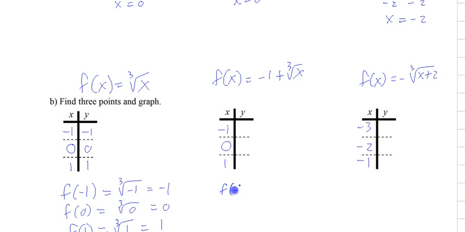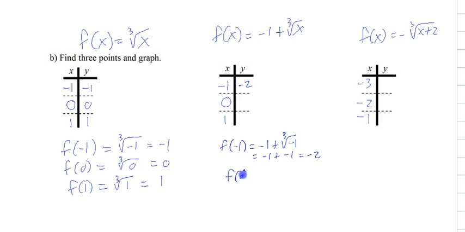So we have f of -1, and that's -1 plus -1, which is -2. And then the 0 is -1, and then the 1 would be -1 plus 1, which is 0.